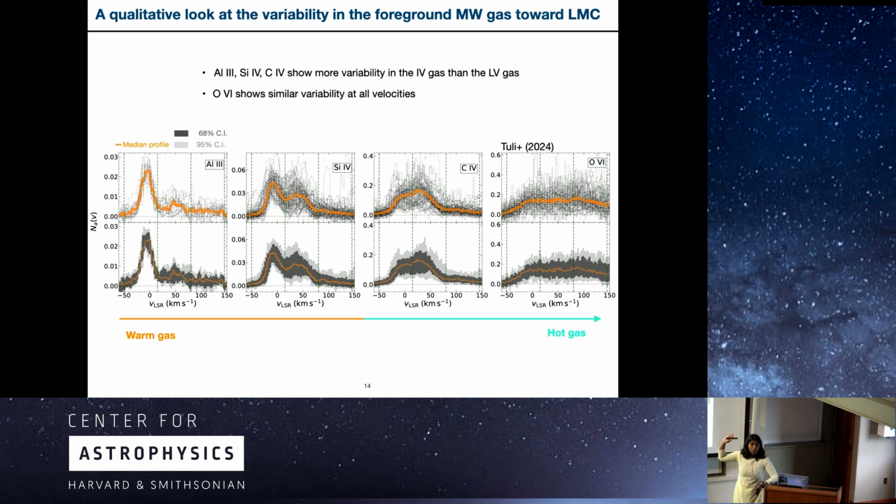The first thing that we can see here is there is a lot of variability in the direction toward LMC in this gas for each of the ions, at all velocities, there is a lot of variability present.